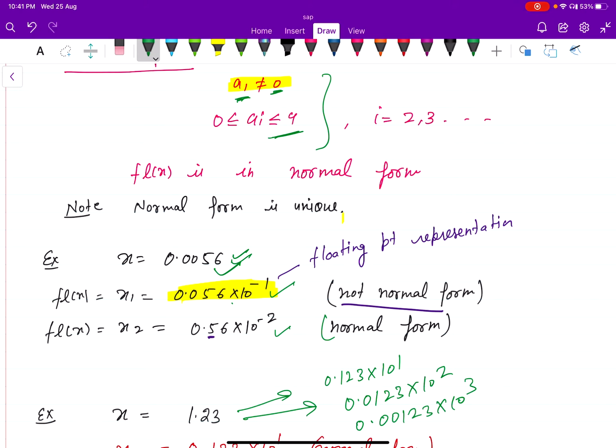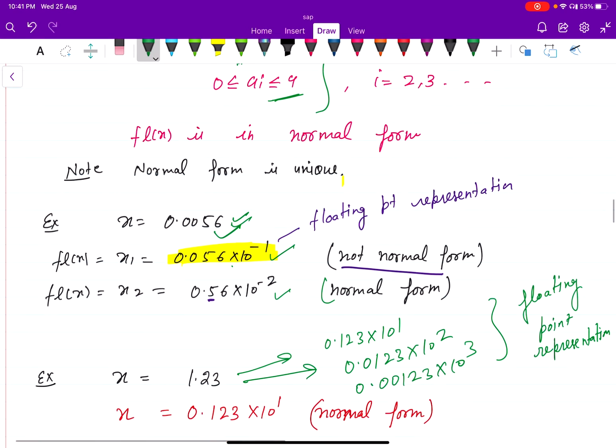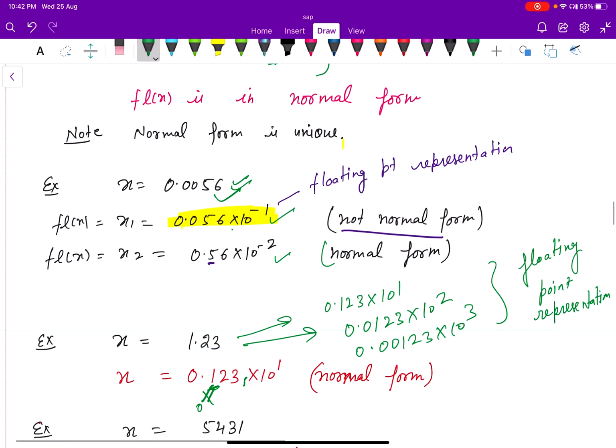But these are all floating point representations. If we want a unique form, for that we restrict the first digit after the decimal so that it should not be 0. So that's why we call normal form unique.